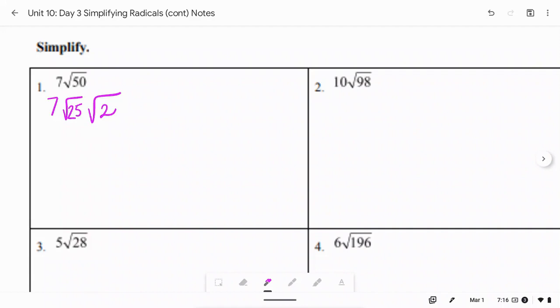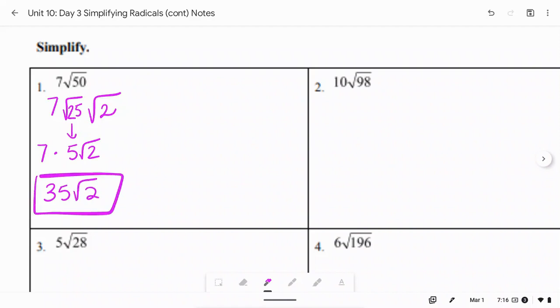So I know that the square root of 25 is just going to become 5, and then I'm going to leave the 2 under the square root. When I bring down the 7, I'm going to multiply the 7 by that 5 that just came out of the square root. So 7 times 5 gives me 35 square root 2, and that's the final simplified answer.